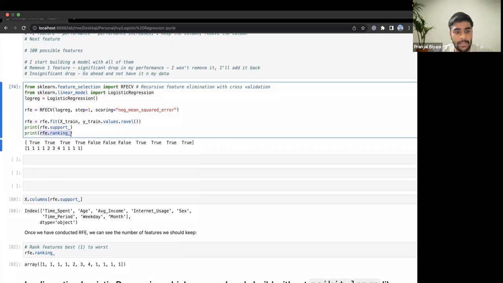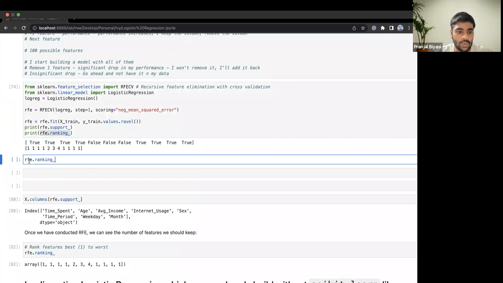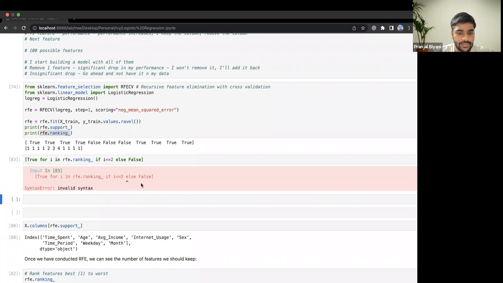मैं क्या करूंगा, मैं रैंकिंग से ट्रू फॉल्स निकाल लूंगा, ठीक है? True for i in RFE ranking if i less than equal to 3, let's say less than equal to 2, ठीक है? Else false. What did I do wrong?